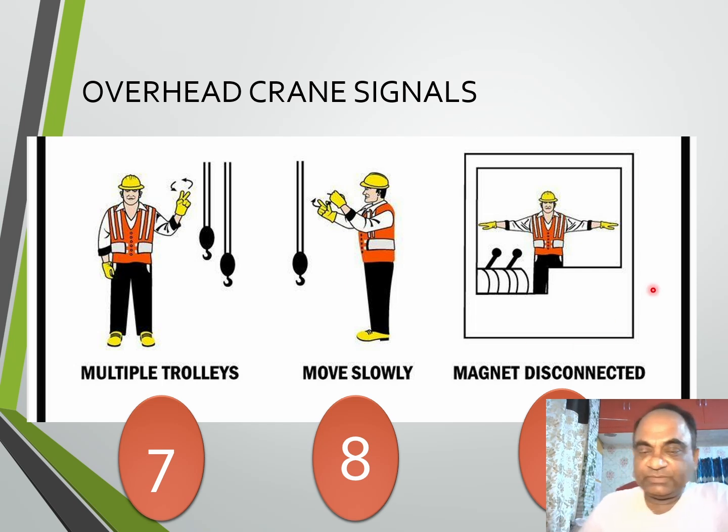Before giving this signal, he will ring the gong bell to alert the people on the shop floor, so that de-energizing the magnet does not harm anyone, and everybody is safe.